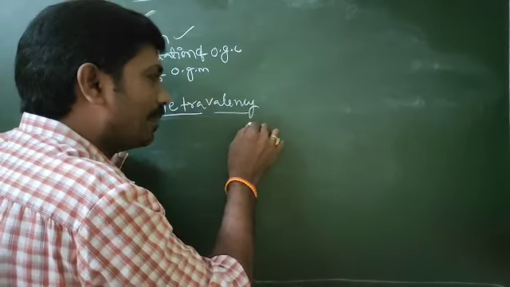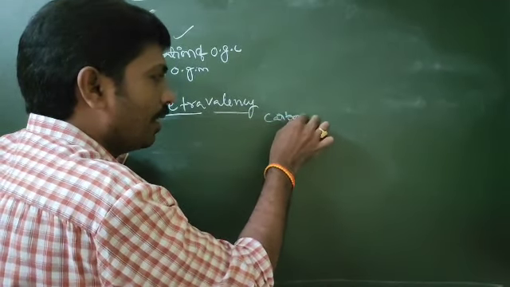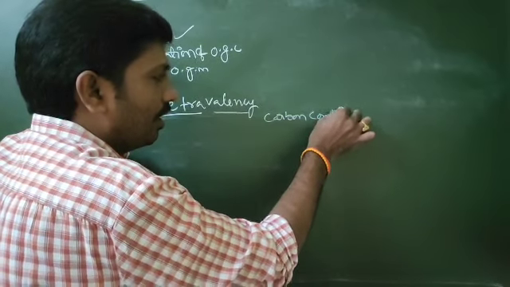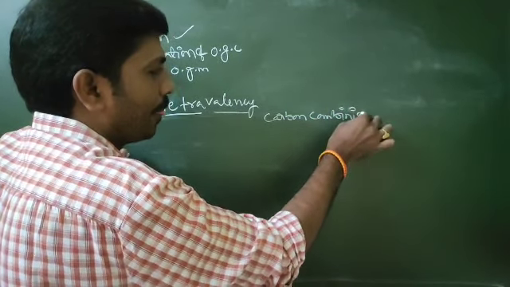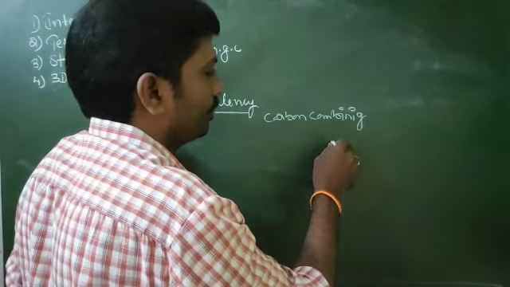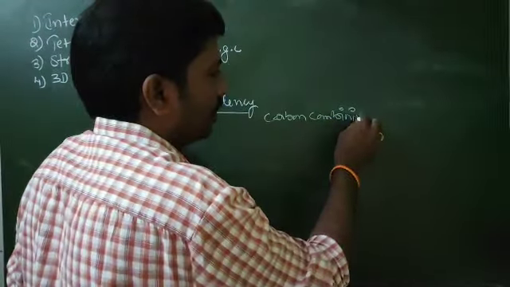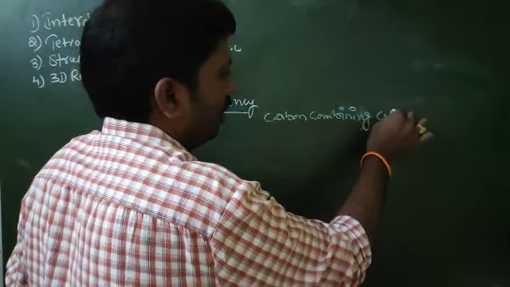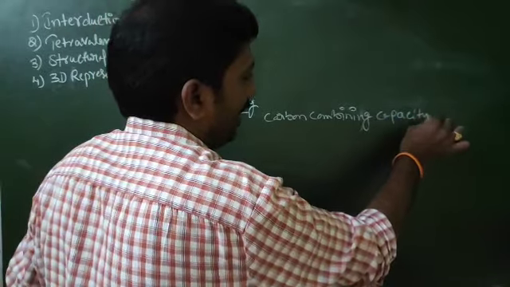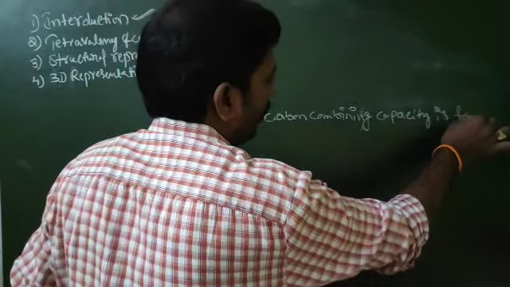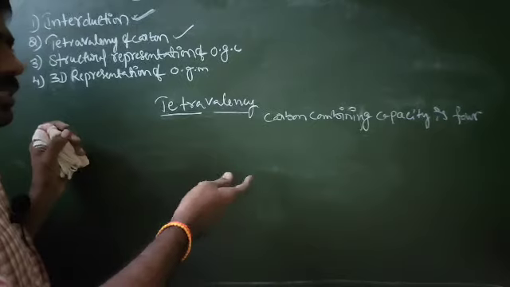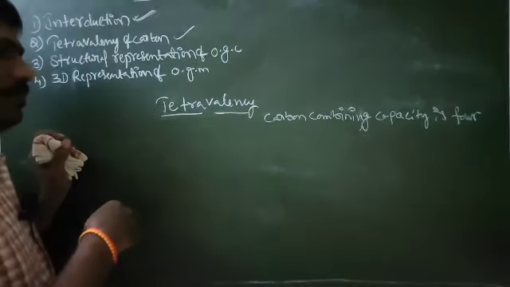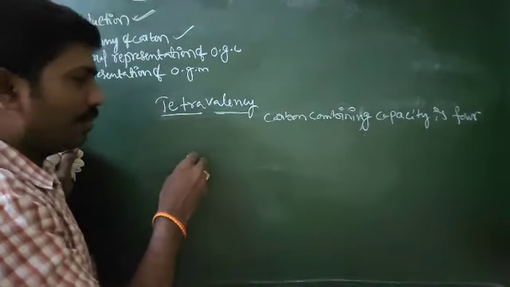So the combining capacity of carbon is 4. That is why we call carbon tetravalent.